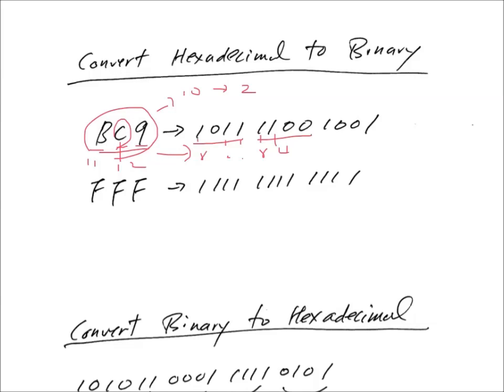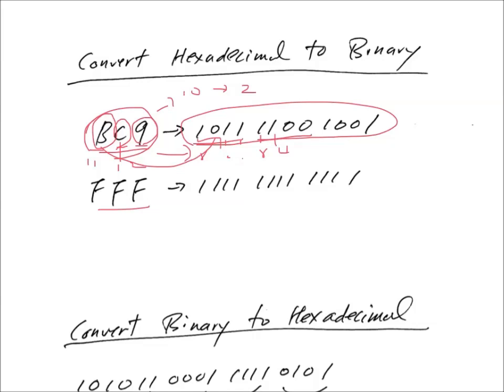And 9 will be 1001. So immediately we can change BC9 to a binary number like this: 1011, 1100, 1001. As you can see, one hexadecimal digit can be directly mapped to four binary digits.